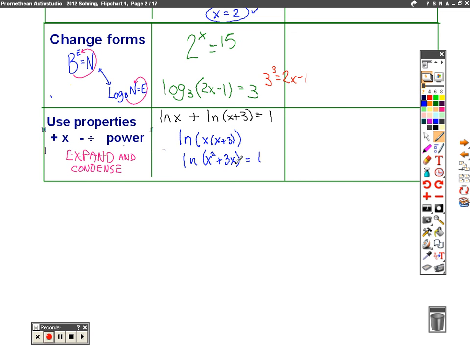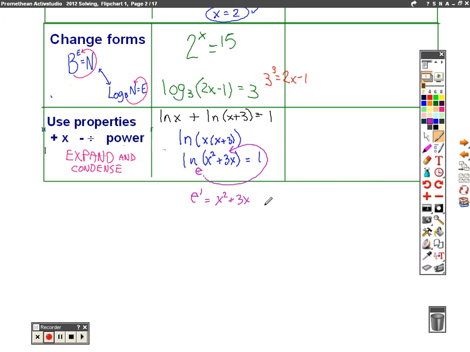Now, in this situation, we can do two things. We can e it up, or we can exponentiate. Oh, I'm sorry, e it up is exponentiating. We can e it up or change it to exponential form. So log base e, we could say, e to the first power equals x squared plus 3x.